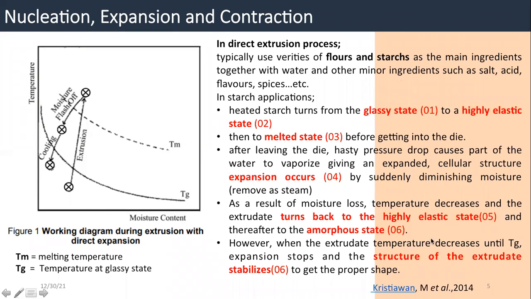As a result, the texture again turns back into the highly elastic state and amorphous state. What is the meaning of amorphous state? Maybe a porous texture. You can see it in breads, right? Inside the bread, you can see this texture.